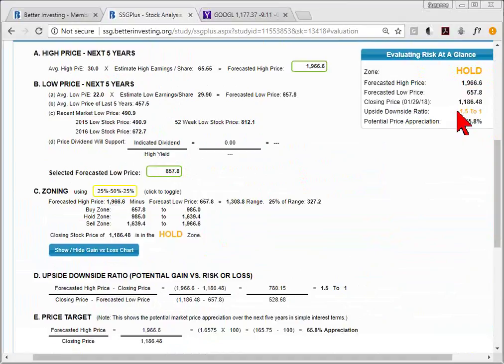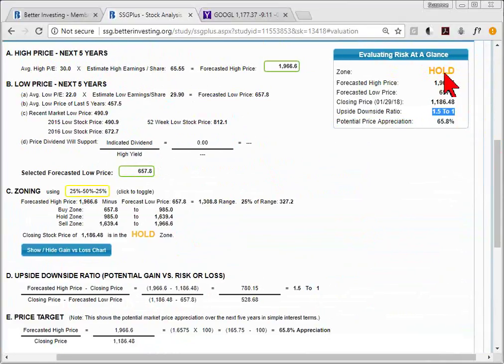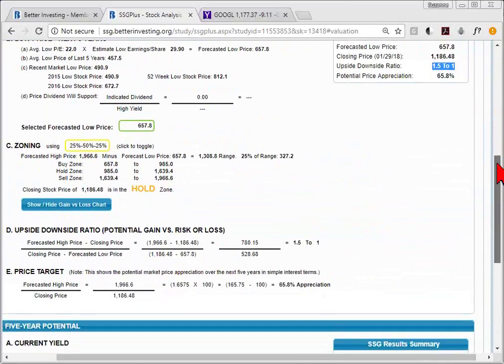Our upside downside ratio, meaning the potential return as compared to a potential loss, is 1.5 to 1. Well, the number that we're looking for here theoretically is 3 to 1. We would like to buy stocks that are in the buy zone as well. So when would that be? According to the calculations that I have put in here, that might be at the $9.85 price.